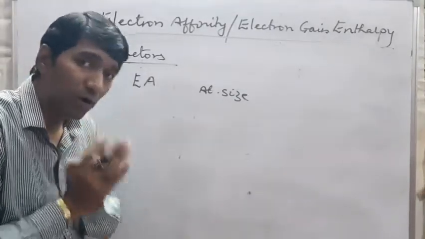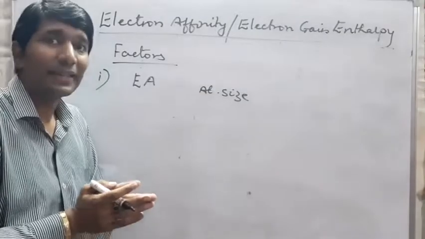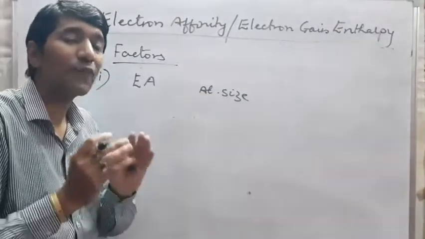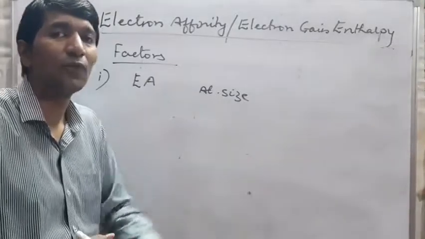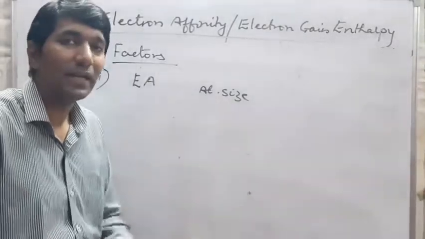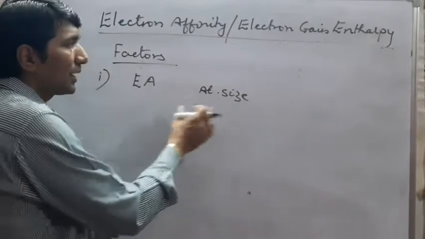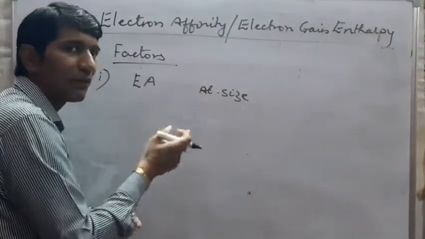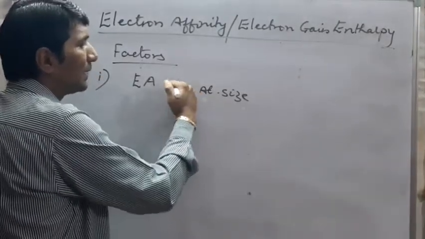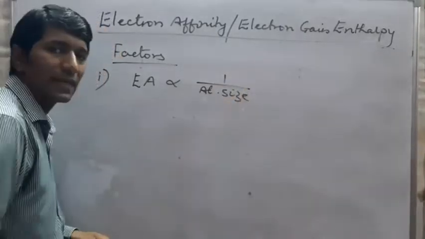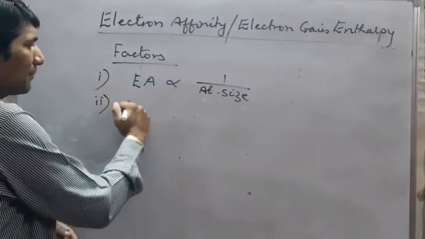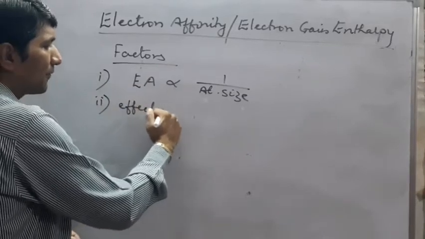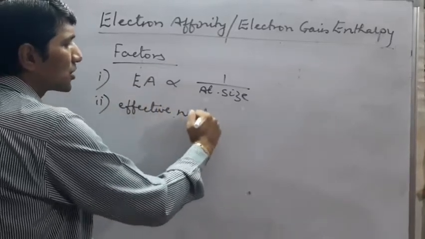If it is already pulling to a greater extent, less effort will be required to add that electron, which means more energy will be released. So if the atomic size is small, the value of EA will be large, so it is inversely proportional.